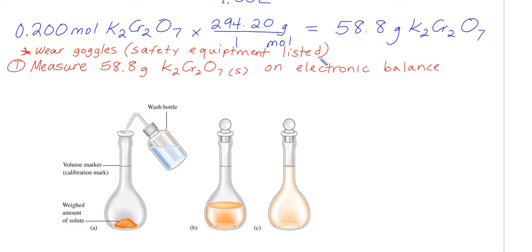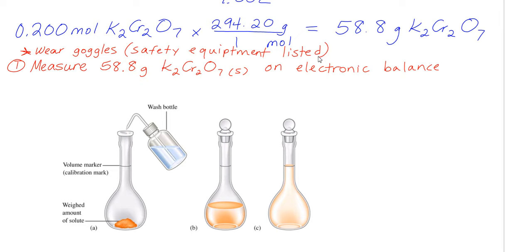So if it's goggles, gloves, apron, put that down. There have been times where they've really given you 1 point for just saying like to use safe precautions in the lab. And that means on the flip side, if you didn't say wear goggles or gloves or whatever, they took off 1 point. Brutal, huh? So maybe make a note of that. If there's any safety equipment listed, make that your first step.